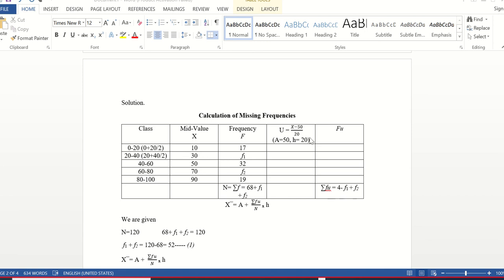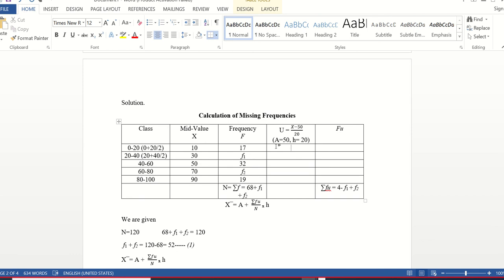In this question, I am assuming 50 as the assumed mean because this is the middle value, so it becomes easier to calculate. 50 is our assumed mean and the class interval here is 20, so H is 20. The formula for U is X minus assumed mean divided by H. Now I will apply the same formula for the whole series.